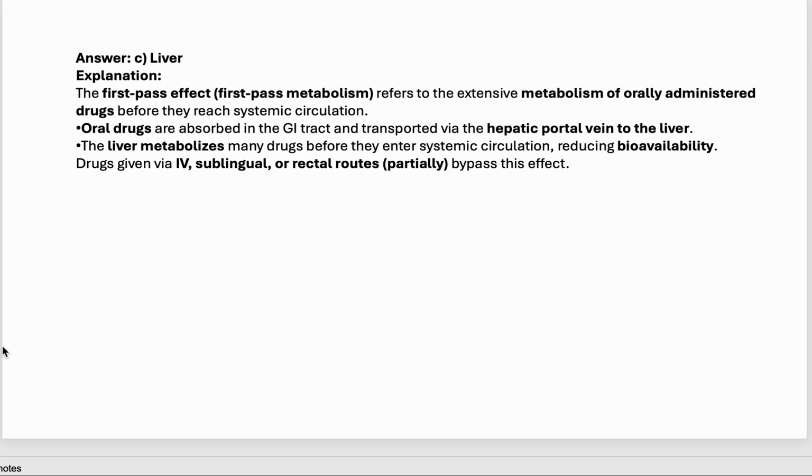The liver metabolizes many drugs before they enter the systemic circulation, and it reduces the bioavailability. Drugs given via intravenous, sublingual, or rectal routes bypass this first pass effect.